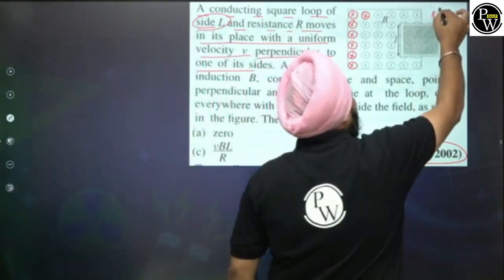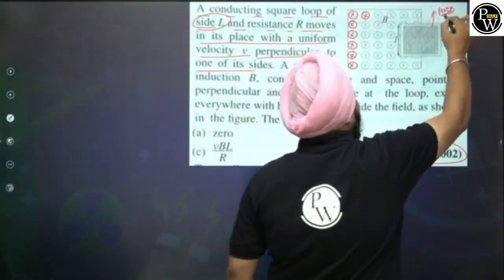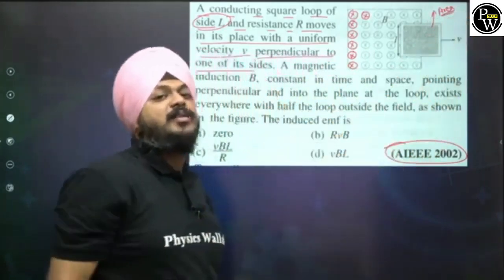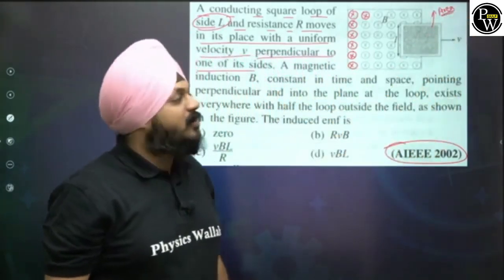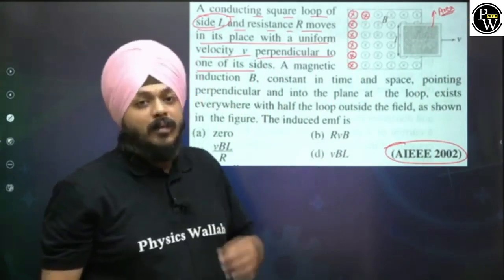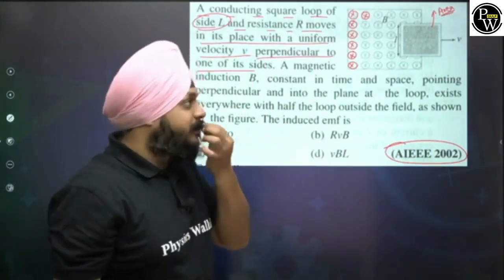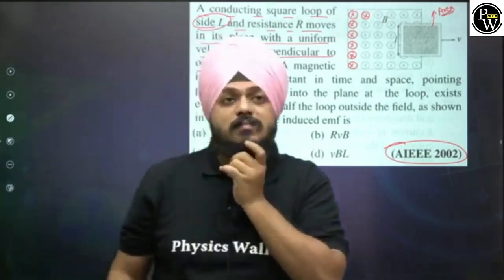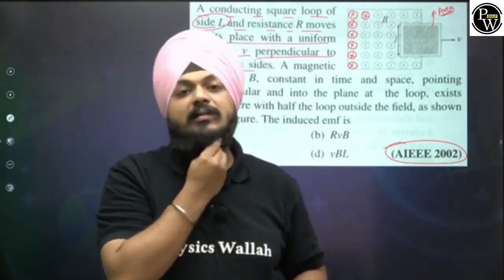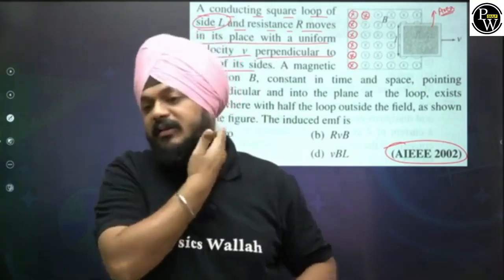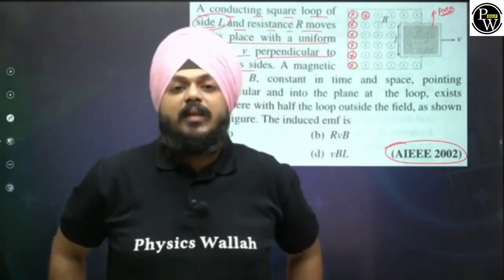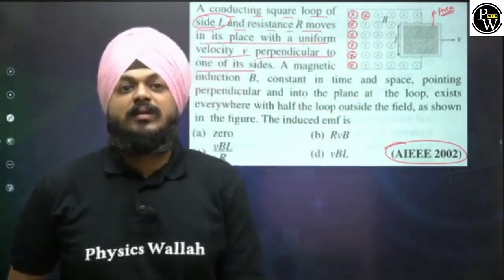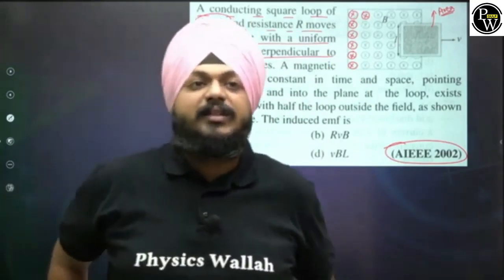Because the area of the loop inside the magnetic field is getting changed. Yes or no? It is getting changed.